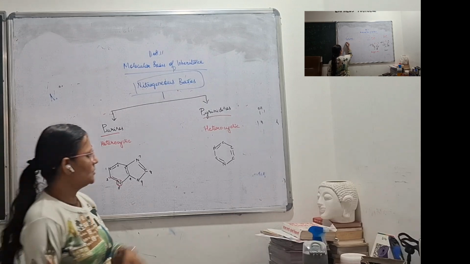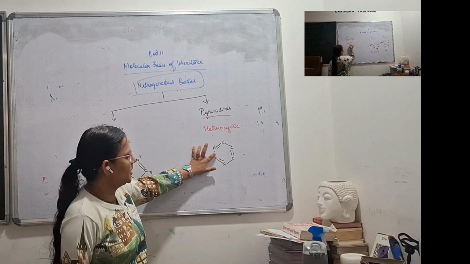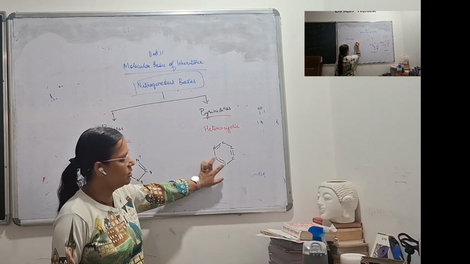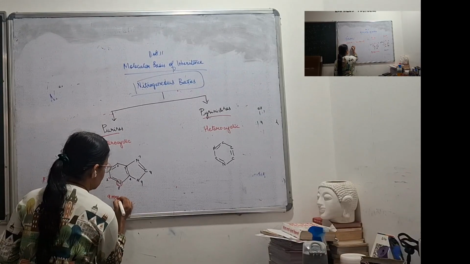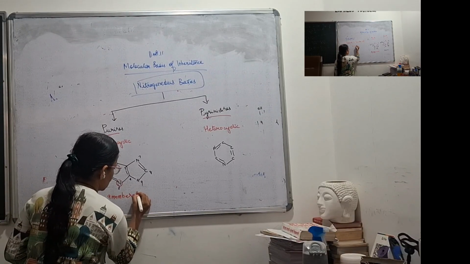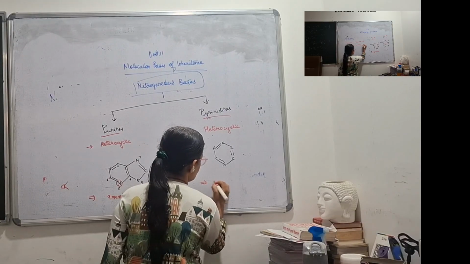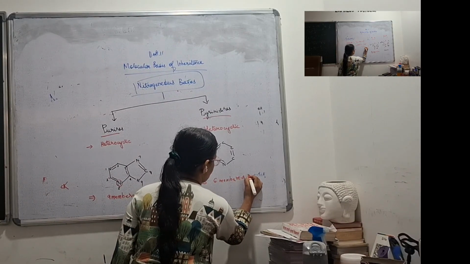Now you know that due to the resonance effect, if I have a double bond over here, then there won't be a double bond here. Then again alternatively I'll have a double bond, I won't have. Here you see that they are a 9-membered ring, and here it is a 6-membered ring.